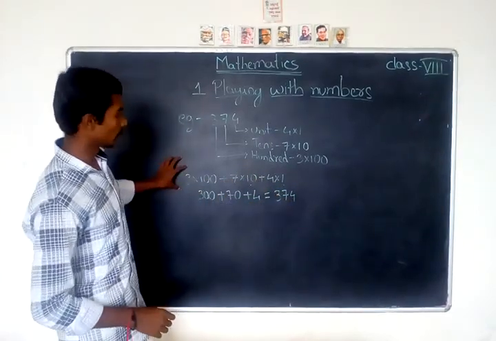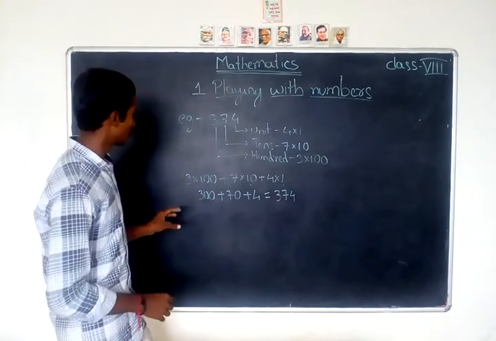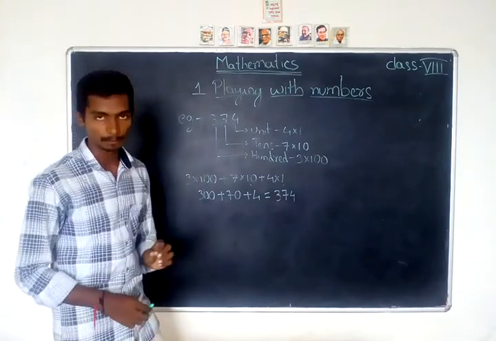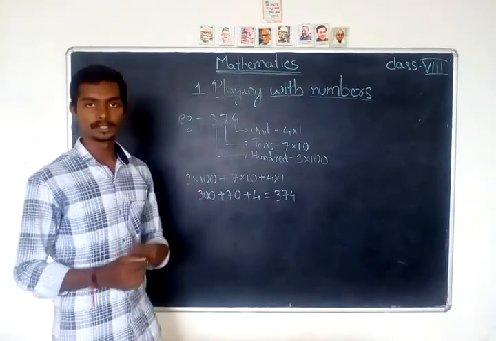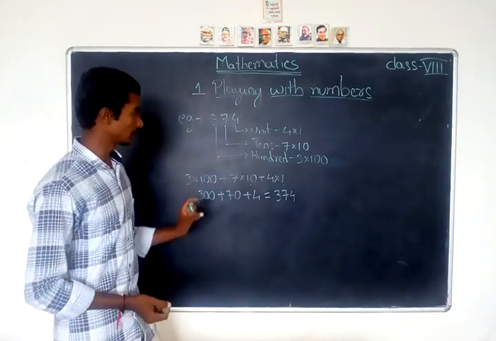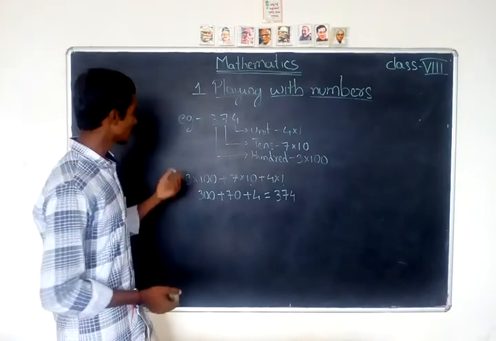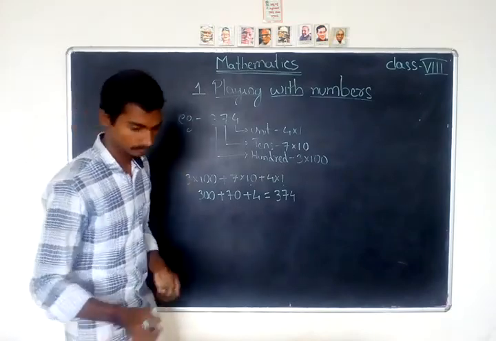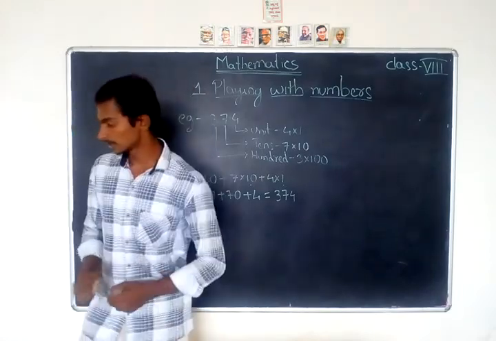So, this form of representation is called general form of number. Now, I will take numbers with higher digits and I will explain how to write them in the general form. Okay?